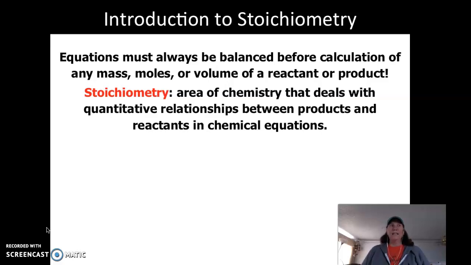A simple example of stoichiometry is if I'm making a ham sandwich. My reactants would be bread and ham, and then my product would be the sandwich. If my recipe is 2 pieces of bread and one piece of ham for one sandwich, I need to make sure that if I have 20 pieces of bread, I have 10 pieces of ham.